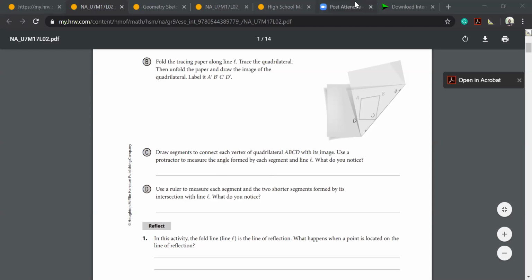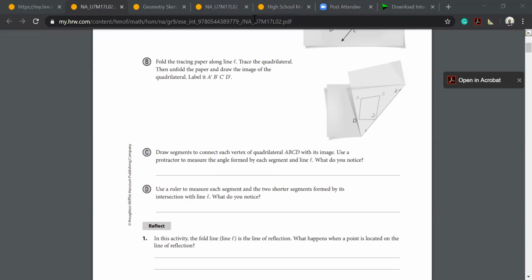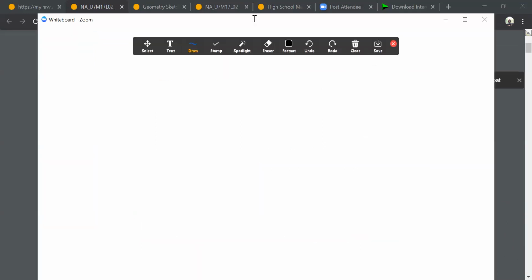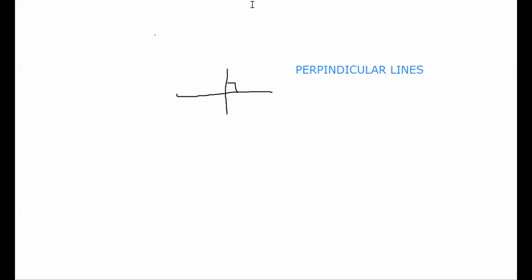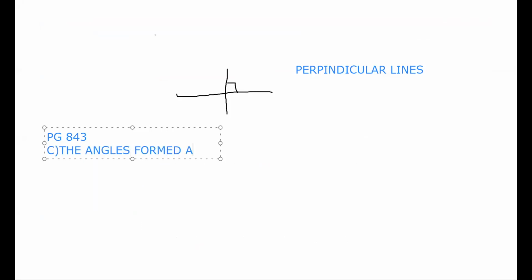So in question C, on page 843, we write: the angles formed are 90 degrees. I'm not able to draw the degree symbol, but you have to draw it.